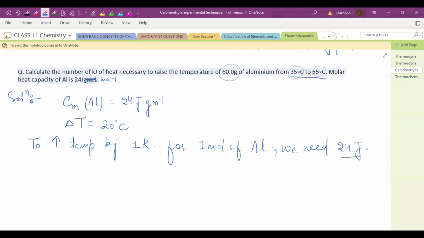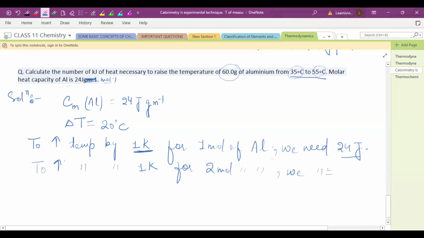So to increase the temperature by 1 Kelvin for 1 mole of aluminium, we need 24 joule. Now to increase the temperature by 1 Kelvin for 2 moles, how much do we need? You will multiply it by 2, right?